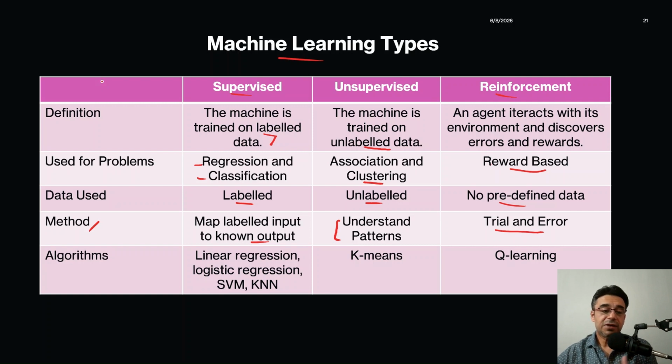What algorithms can we use for each type of machine learning? In supervised we can use linear regression if the prediction we want to make is a continuous value. Then we can use logistic regression if the prediction is a classification type, like classifying our emails or other information.